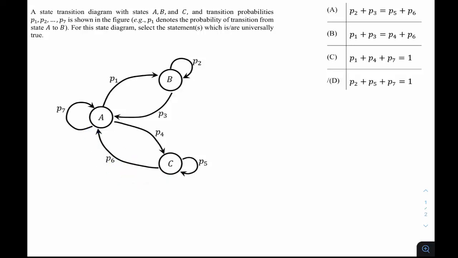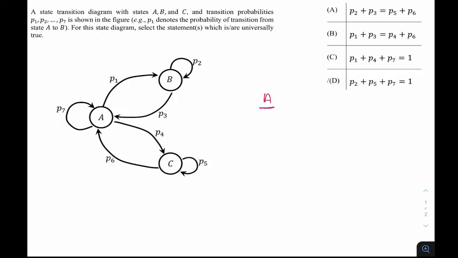Now let us concentrate on state A. From state A, how many arrows are outgoing, or coming back to the same A? Because that decides, if the present state is A, what the next state is. From A, the next state can be B with probability P1, which is outgoing. The next state can be C with probability P4. The next state can be A again with probability P7.